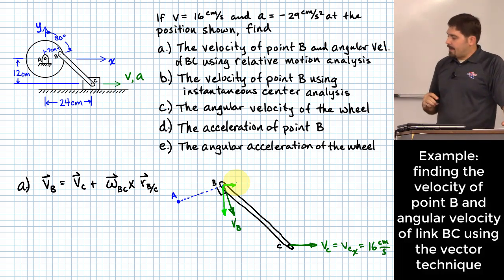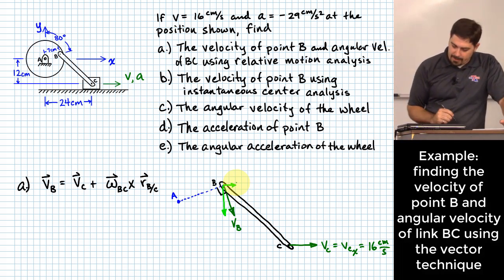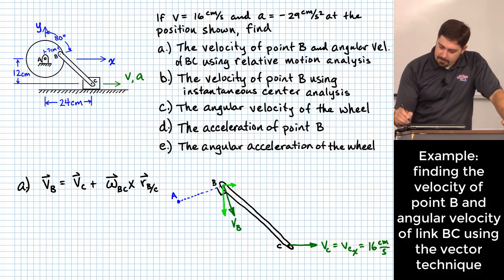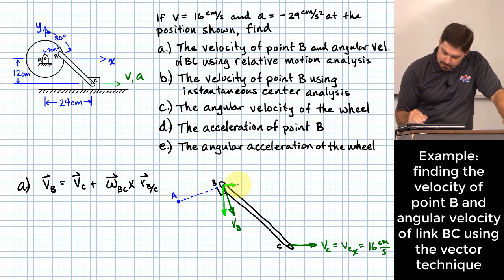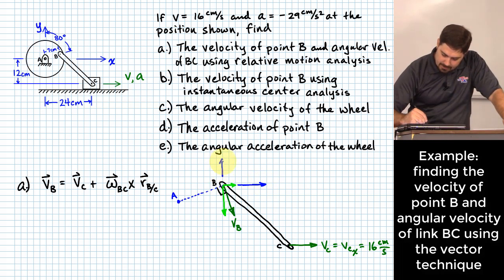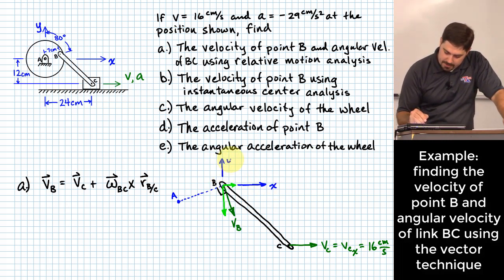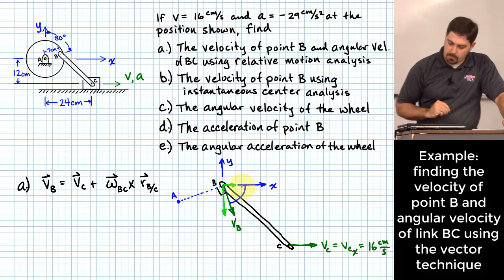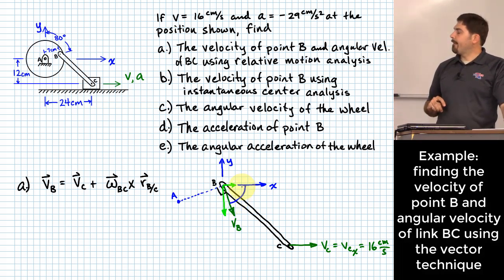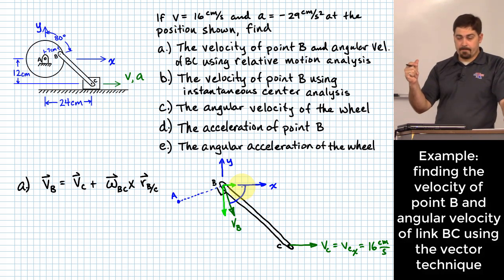And that vertical component, I can find it because I know this angle. I'll go ahead and show this here, like this and like this. These are my x and y directions. I know this angle right here is what? At this instant in time, that angle should be 80 degrees.